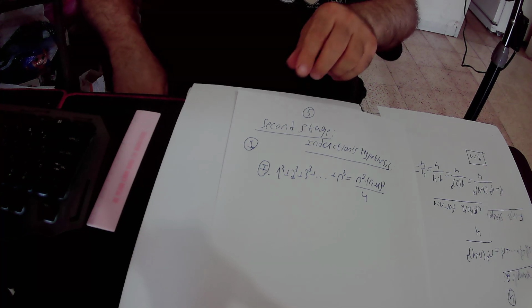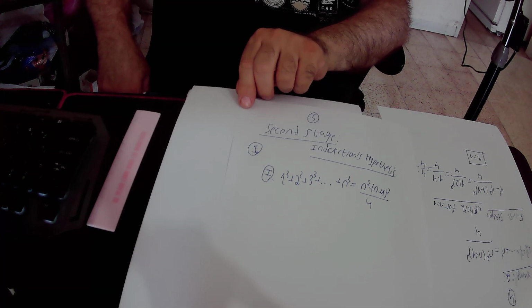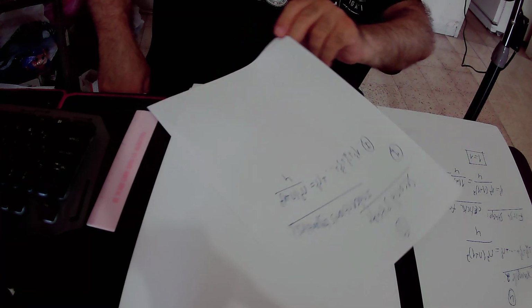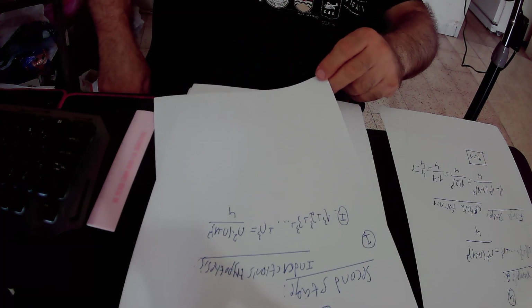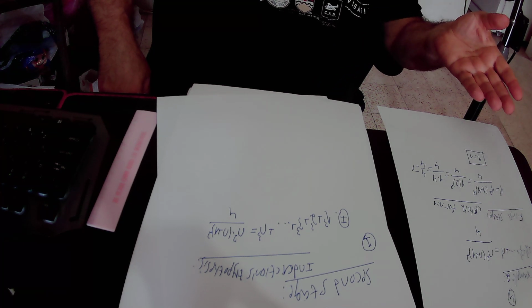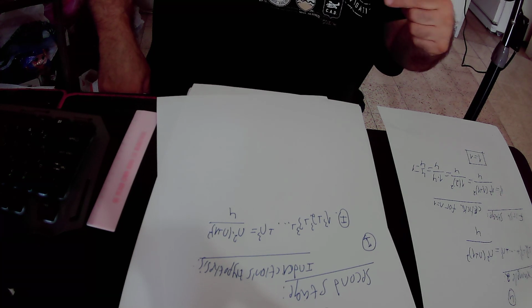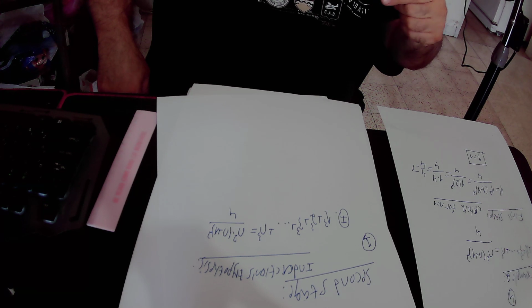So we will write down the expression for n plus 1 of the statement, and then we will prove that it is true as we rely on our assumption that equation 1 is true, that the induction hypothesis is true.